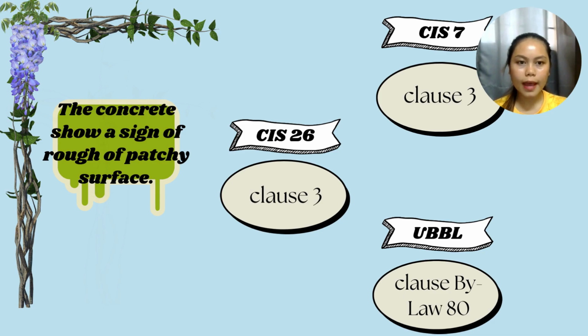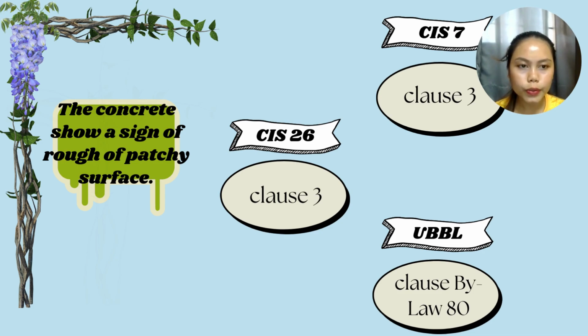Another defect that has been identified is the concrete showing a sign of rough or patchy surface. According to CIS 7 clause 3, this clause specifies that there should be no visible damages. And according to CIS 26, in clause 3, this clause explicitly states that there should be no visible damage or defect.